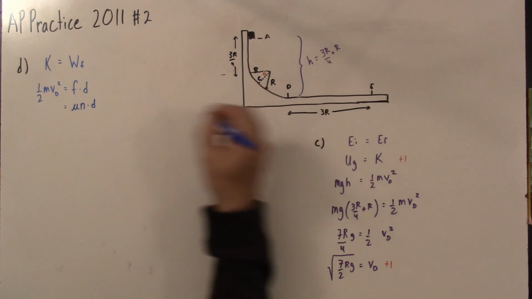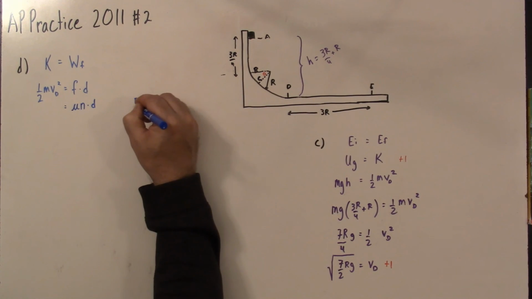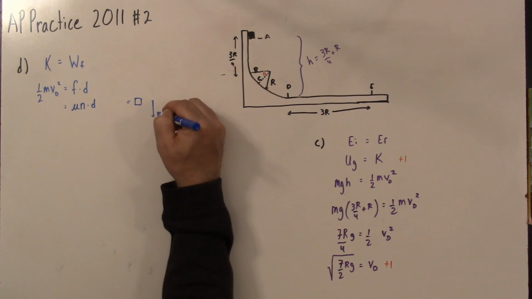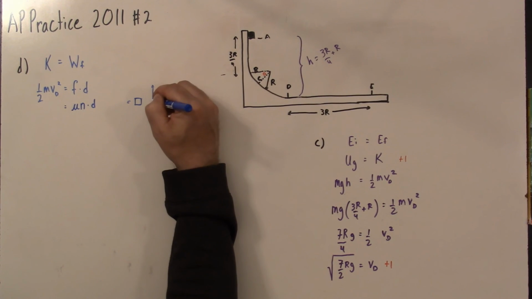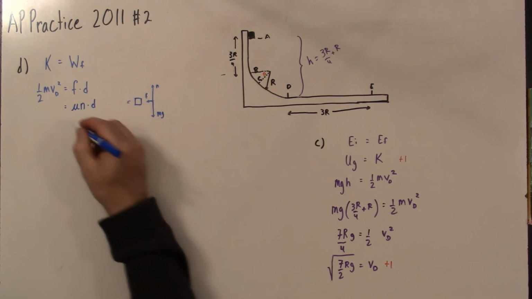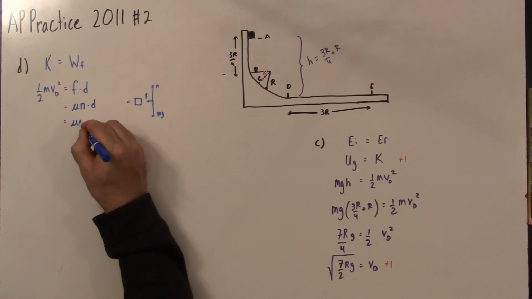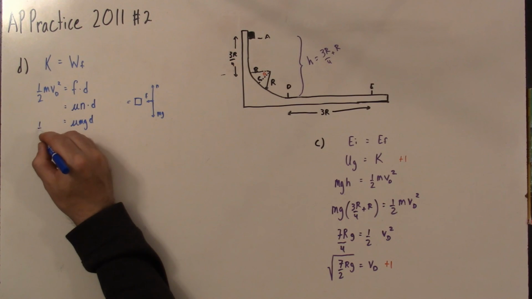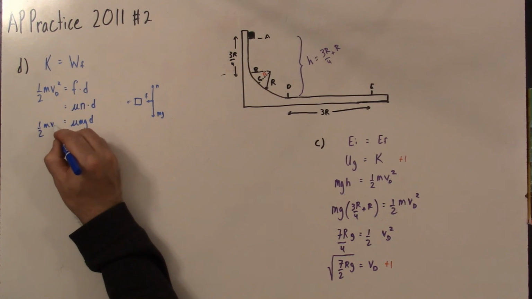Looking at the force diagram for your box as it's sliding, because there's no vertical acceleration, the normal force is equal to the weight.